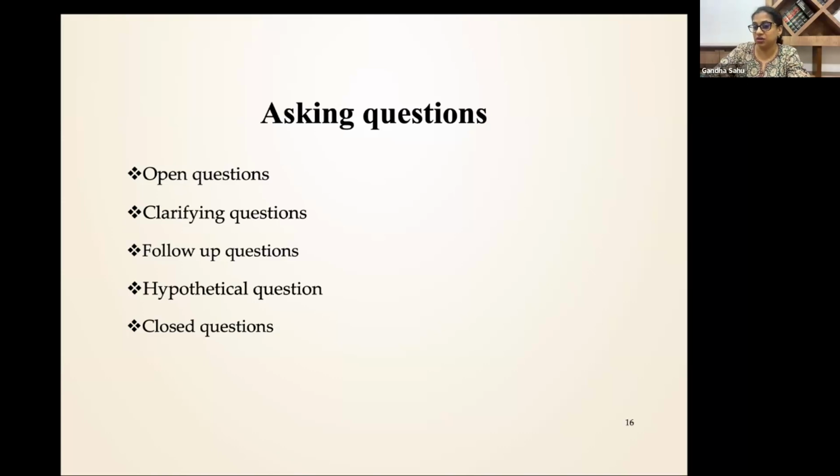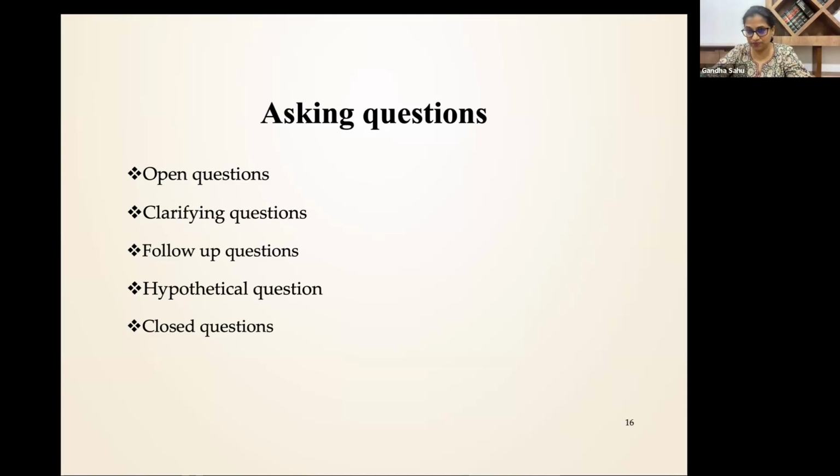It's not in any direction. It's a very broad question that can be used to get the story from the perspective of the person whom you're asking.